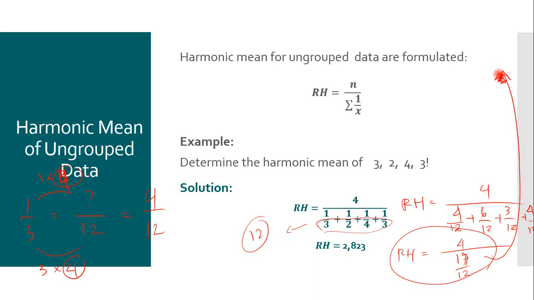Okay, the harmonic mean of 4 divided by 17 over 12 can be written as, or we can calculate it as 4 times 12 over 17, so we can get this number.